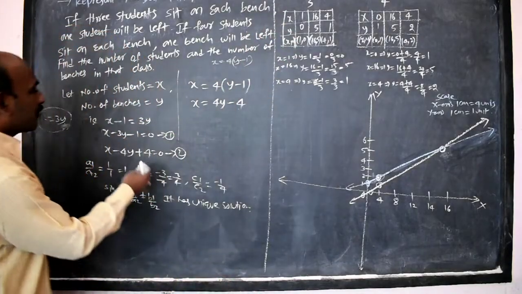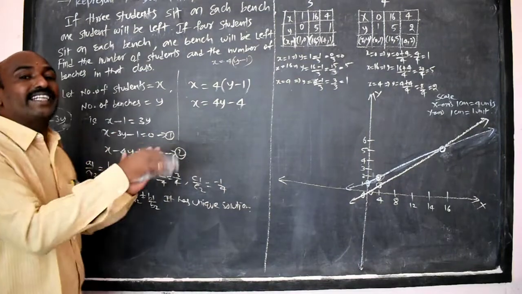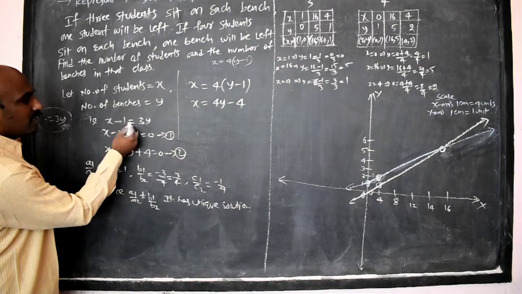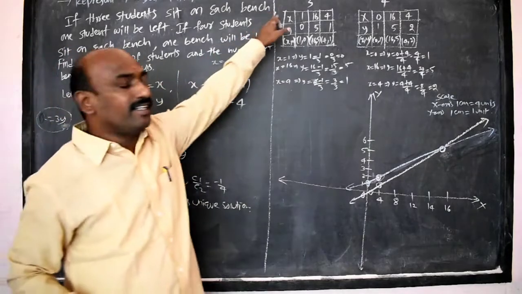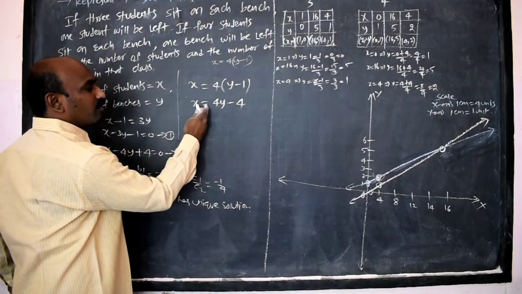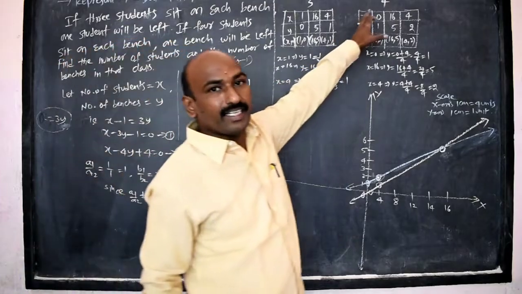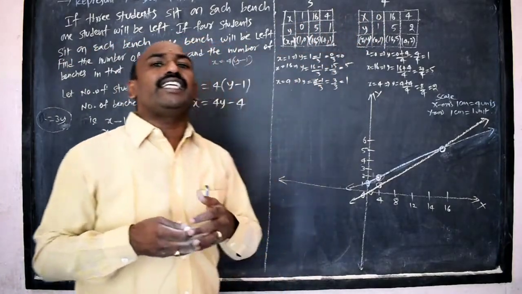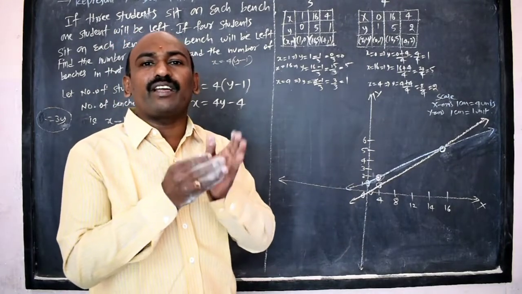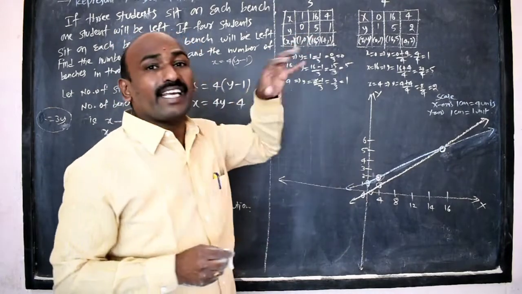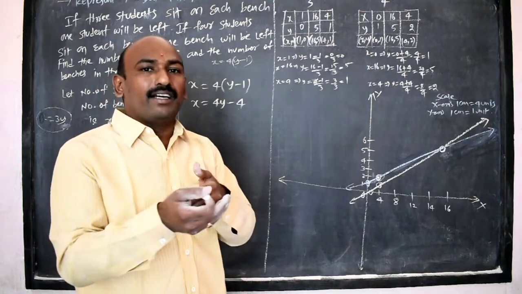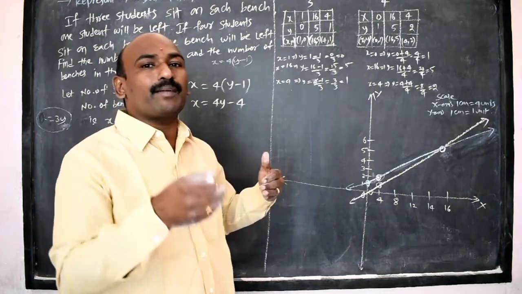We have to represent y in terms of x. The first equation becomes y equal to x minus 1 by 3. The second equation becomes y equal to x plus 4 by 4. Now take any convenient values so that you get integer values and can plot easily. Randomly take 2 or 3 x values so that y comes out as an integer.